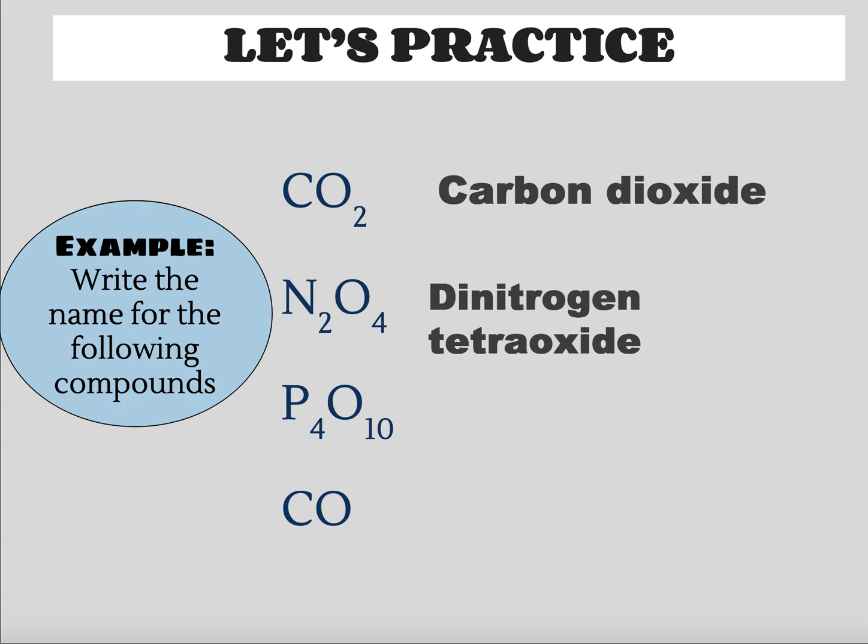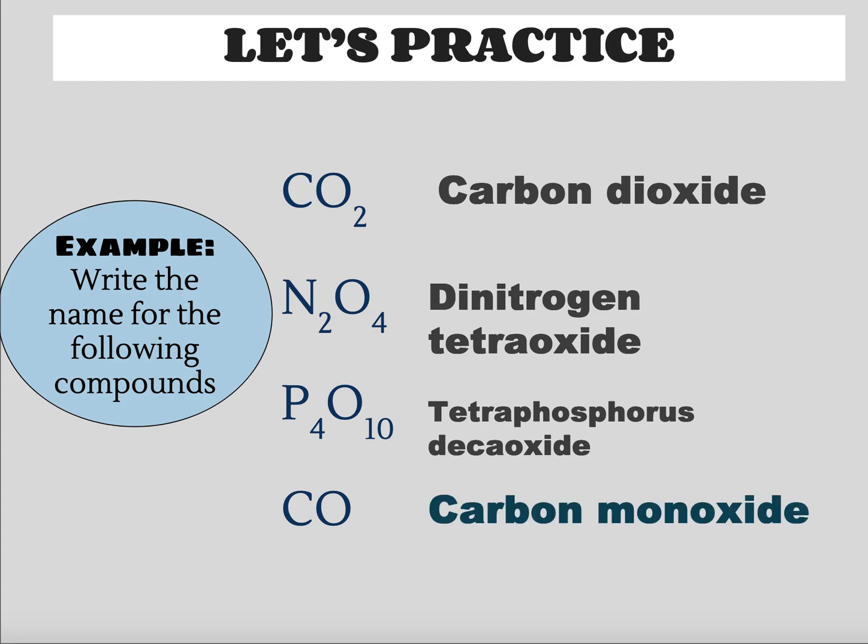P4O10 becomes tetraphosphorus decaoxide. And then the last one, CO, carbon monoxide. Notice here we do use the prefix mono. We just don't use mono on the first element. There's only 1 carbon, there's only 1 oxygen, and so oxygen gets the prefix mono.